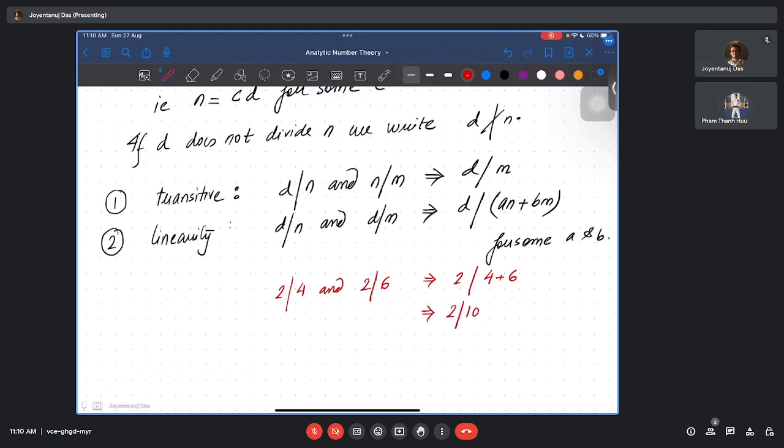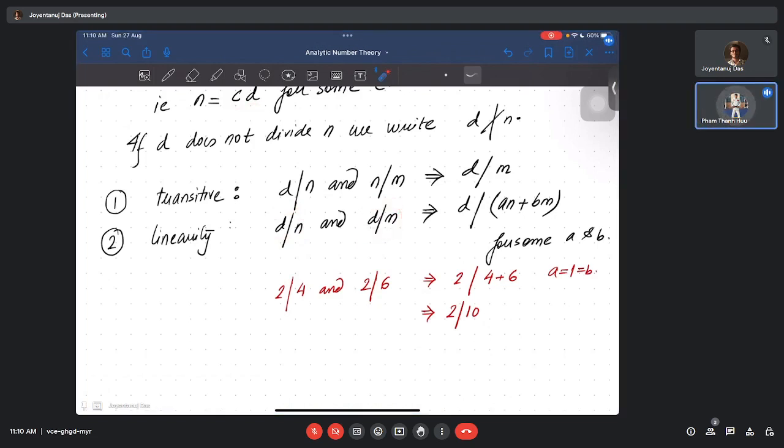So that is true. Here I am taking a equals 1, b equals 1. Generally you can prove it also. The thing is, d divides n implies n equals c times d. Similarly, you can take something for m and then substitute here and prove it, right?